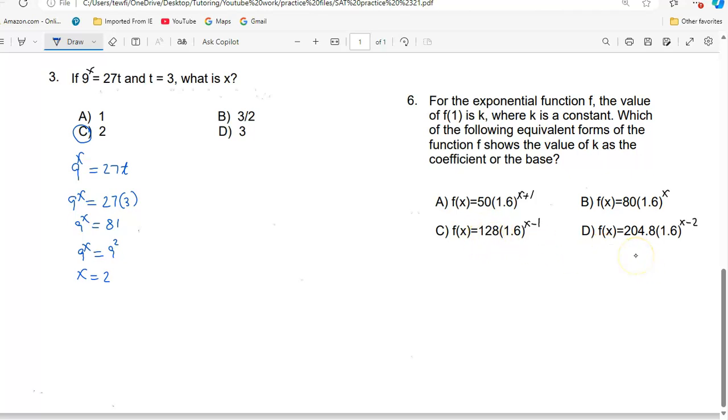So I have f of x equal to 128 times 1.6 raised to the x minus 1. f of 1 equals 128 times 1.6 raised to the 1 minus 1, which is 0, which is going to give me 128 times 1, which is 128. So the answer is choice C.